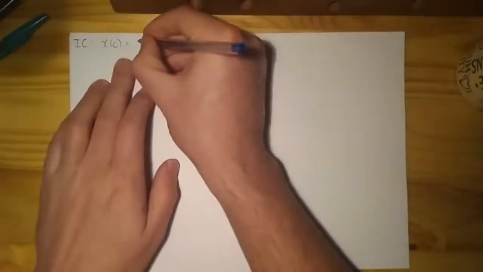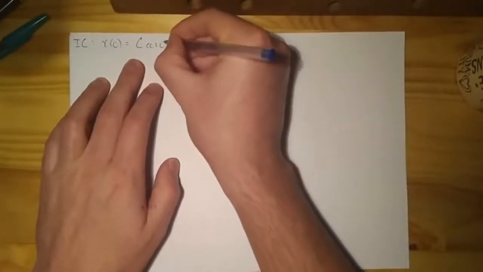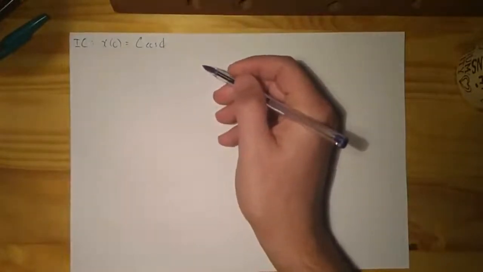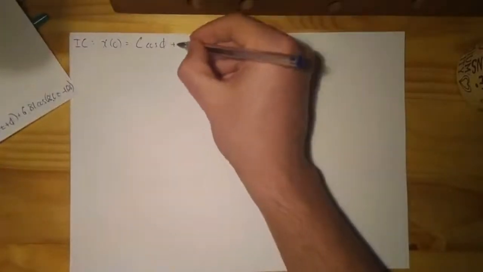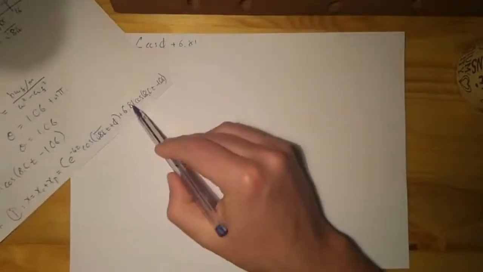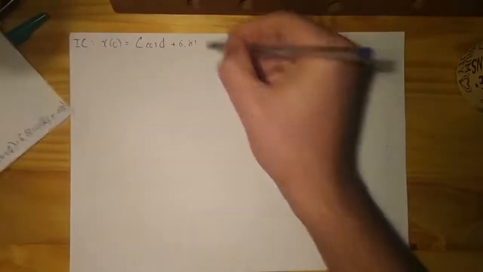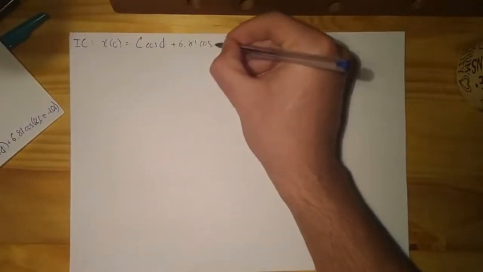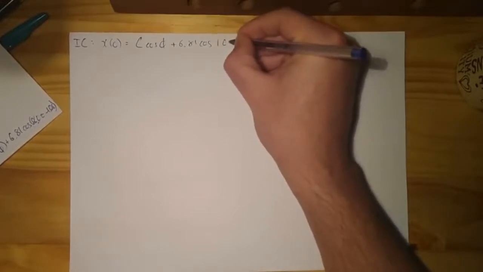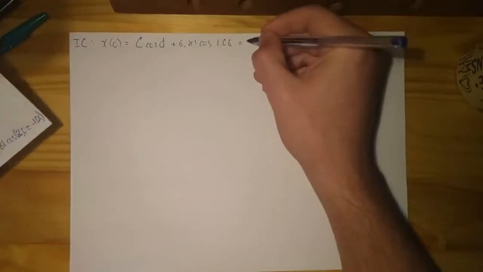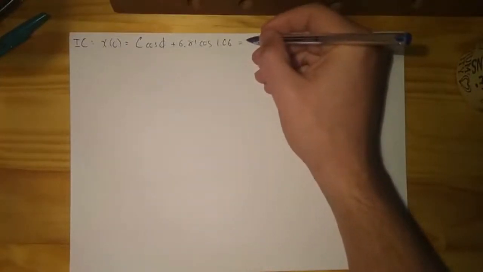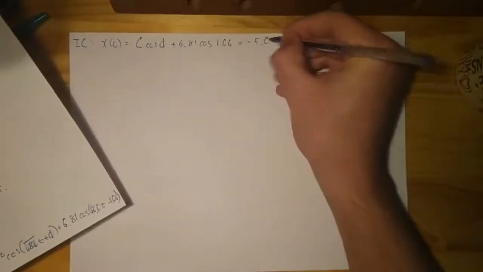Just remember what it was. So it is going to be c cosine phi plus 6.81 times cosine of minus 1.06, so cosine of 1.06, and that is equal to minus 5.0.